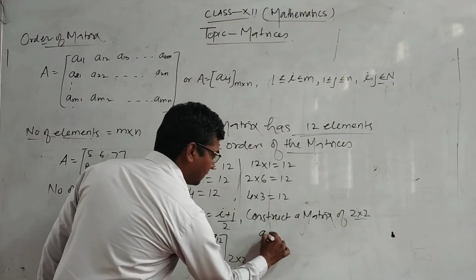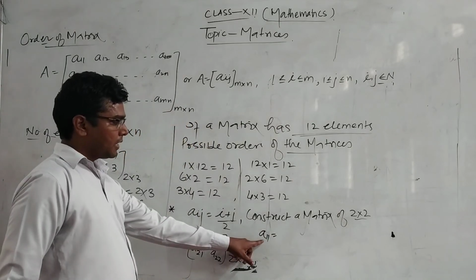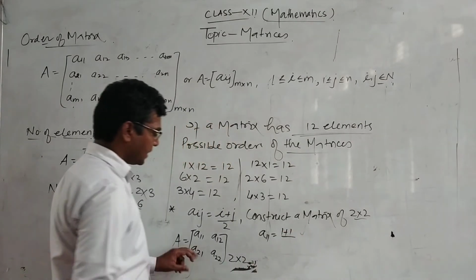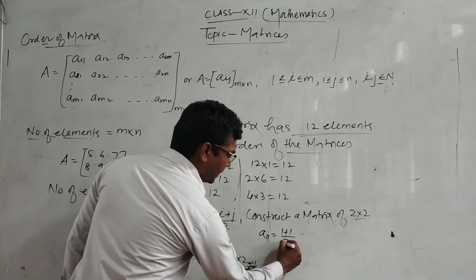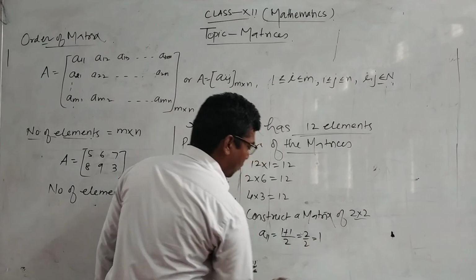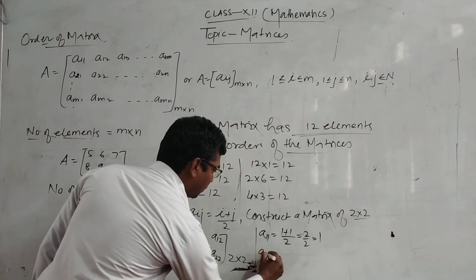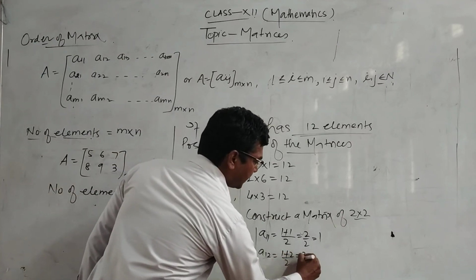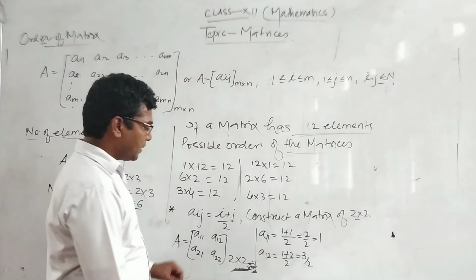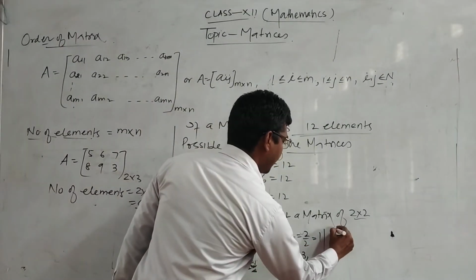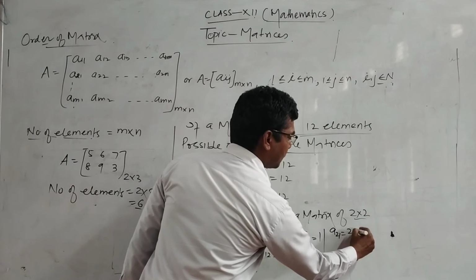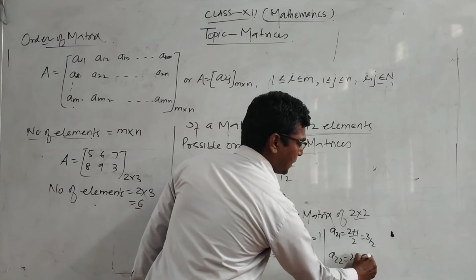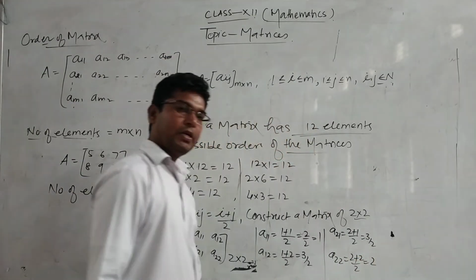Suppose we want to find A11, here i and j are 1, so the first element A11 will be 2 by 2, it will be 1. A12 will be 1 plus 2 by 2, it will be 3 by 2. Similarly, you can find A21, again it will be 2 plus 1 by 2, that is 3 by 2, and A22, that is 2 plus 2 by 2, it will be 2.